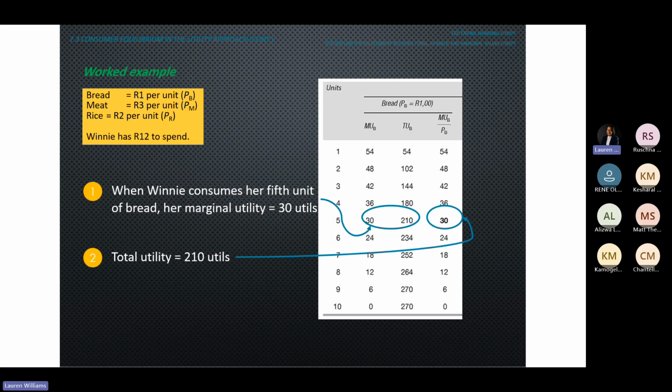In terms of bread, we could look at possibly 5 units, the 5th unit of bread at 30, because remember it was in bold, with your total utility being 110. I see my circles are off here a little bit.